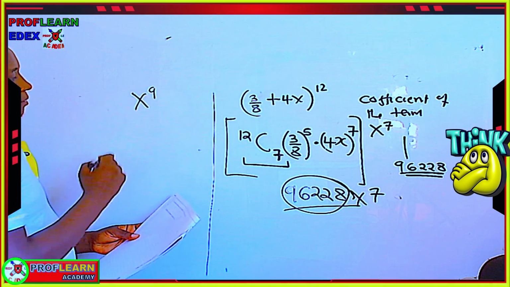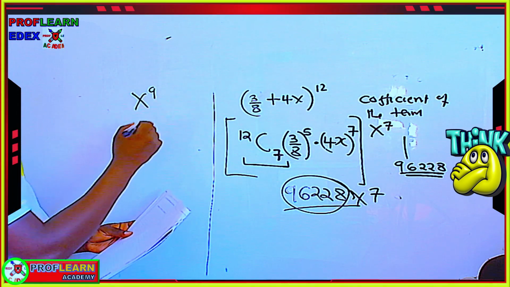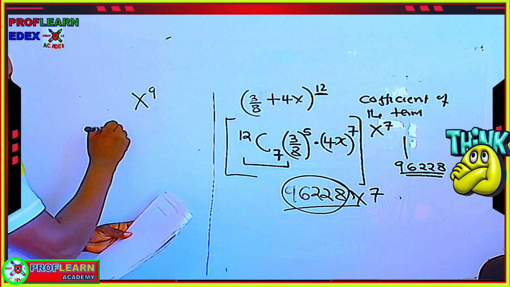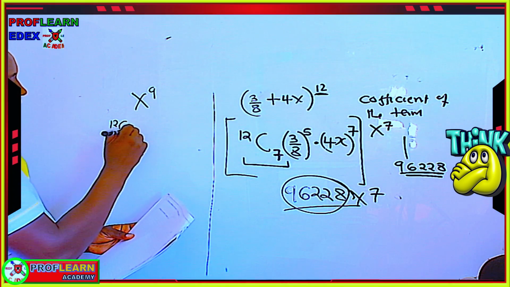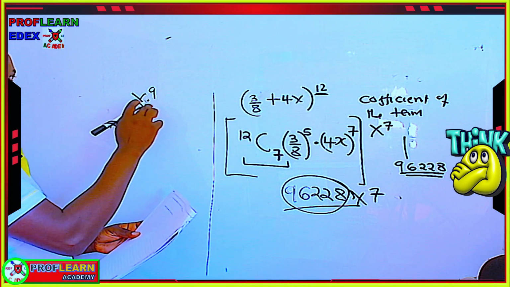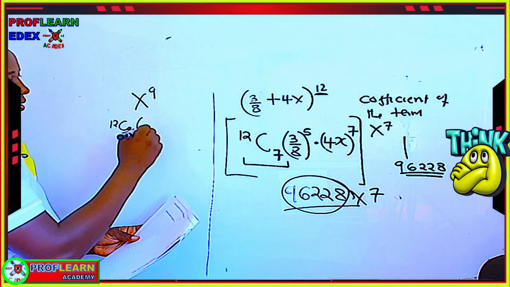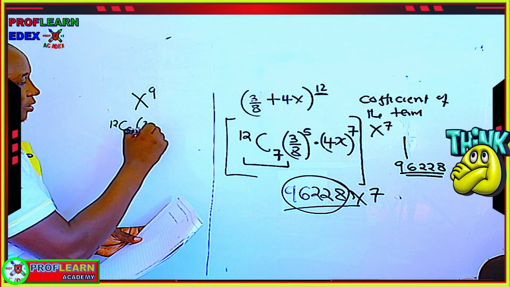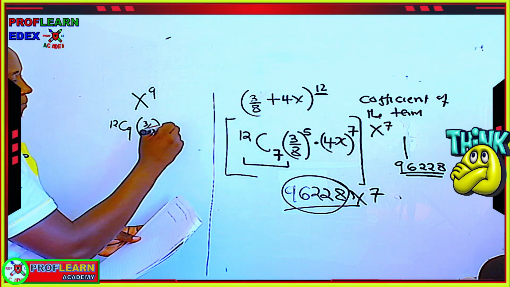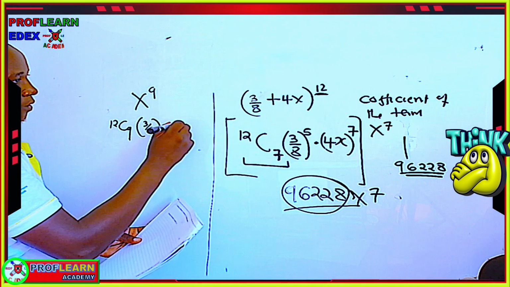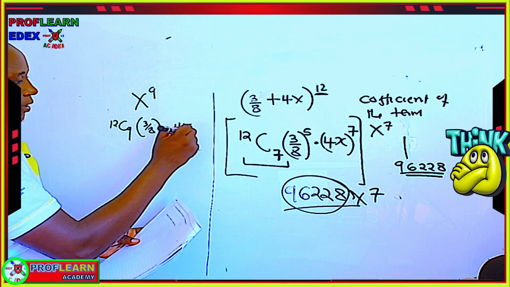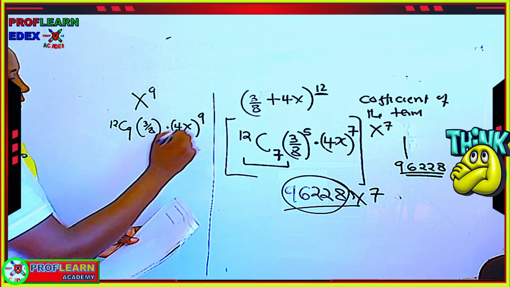So anytime you are told to find a coefficient maybe of x power 9, the highest power here is 12, so it will be 12 combination 9, because you are finding the coefficient of x raised to power 9, then times this is going to be 3 over 8, this term, then multiplied to 4 x raised to power 9.